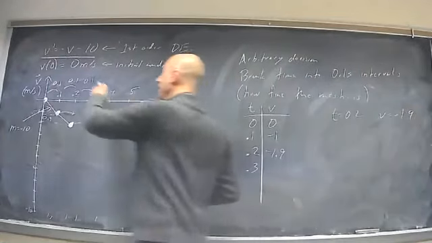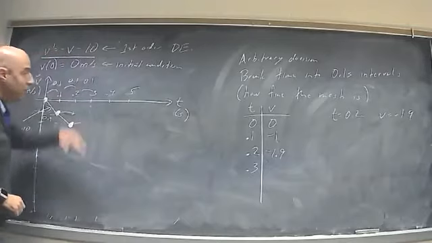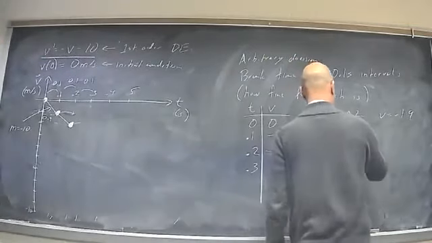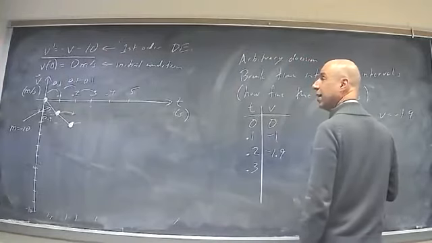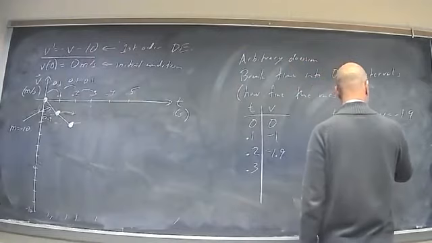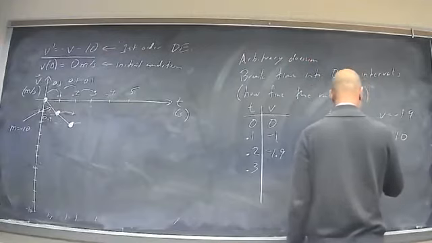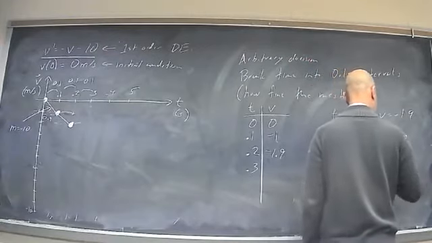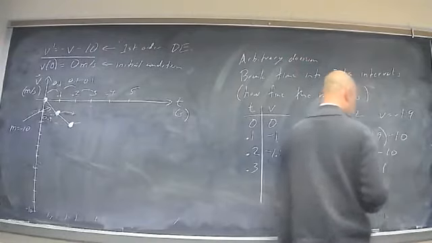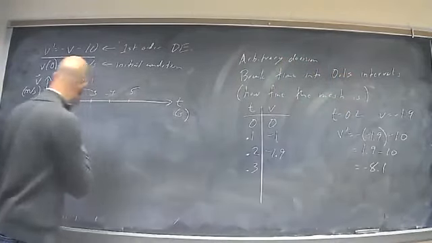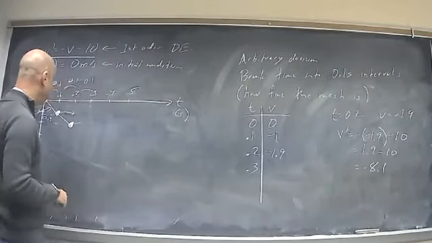If I plug that into this equation to figure out what the slope is, then v prime, the slope, is going to be -1.9 minus 10, or -11.9... the slope I'm going to use for the next step is -8.1.